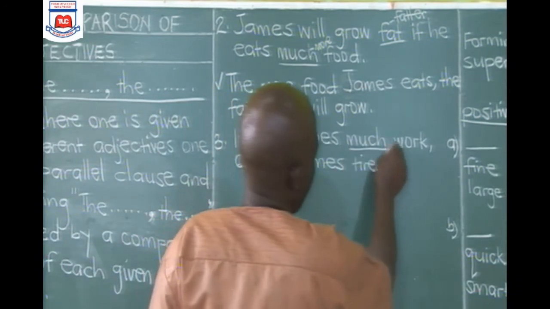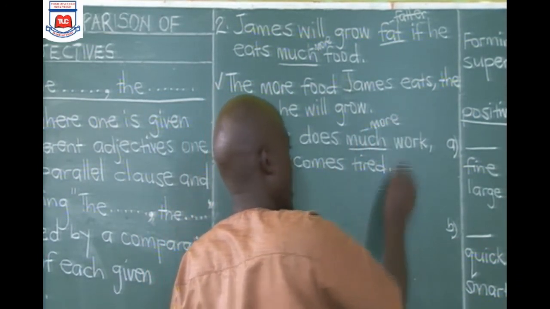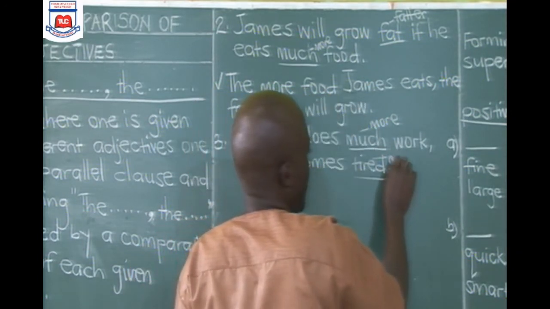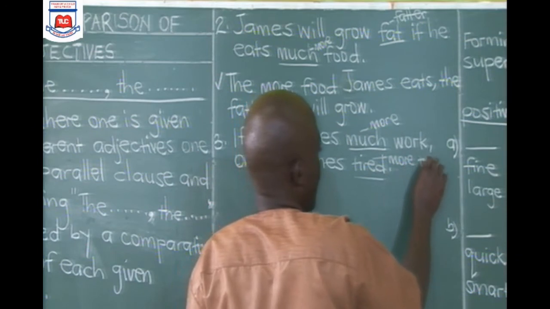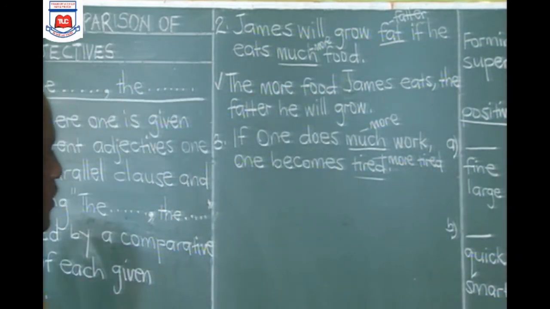We have much. The comparative degree of much is more. Another adjective here is tired. The comparative degree here is more tired. More what? Tired.